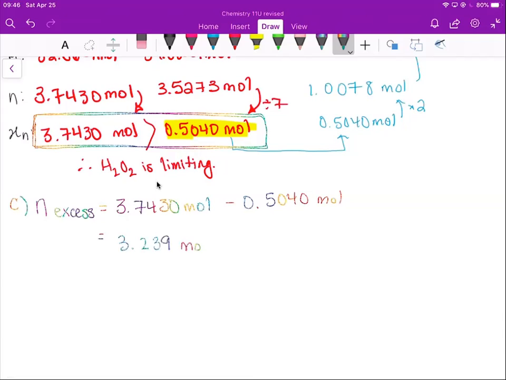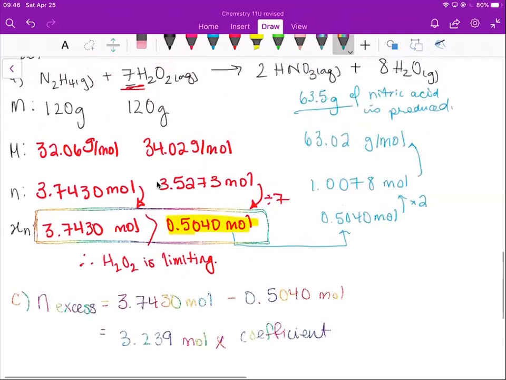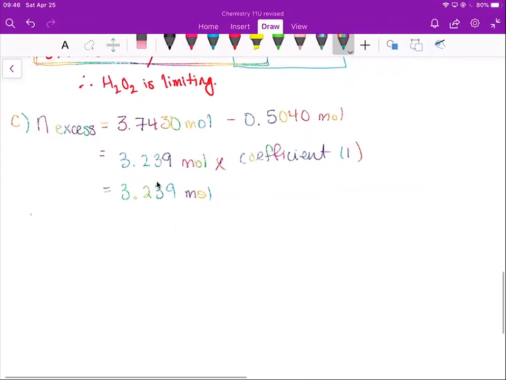3.239 moles. Now, you have to multiply it by the coefficient. It just so happens that my coefficient for this question is 1. So if you missed that step, you wouldn't get the wrong answer because it's scaled to 1. Yeah, and so there's 3.239 moles of N2H4 excess. Now we're going to find the mass.